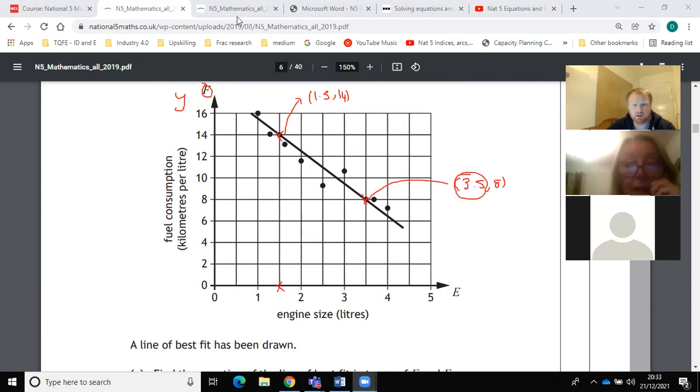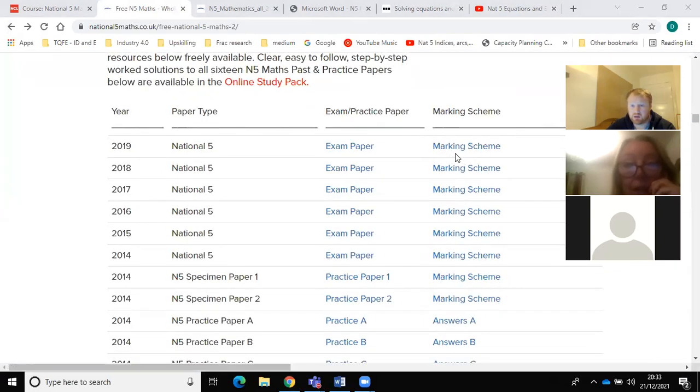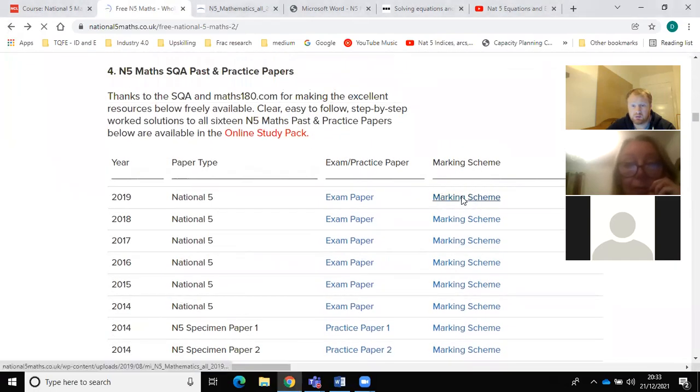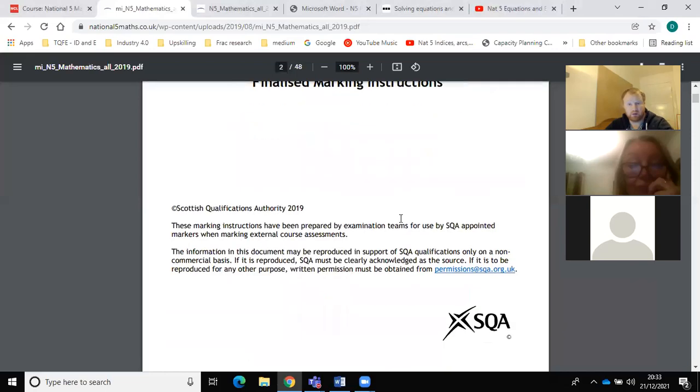I don't know if the answer's there actually. Oops. Let's see if the answer's there. Yeah, it's actually got a marking scheme as well. So let's see what the marking scheme says. This is quite good. If you have a wee look through that, don't scare yourself, but have a wee look through it.